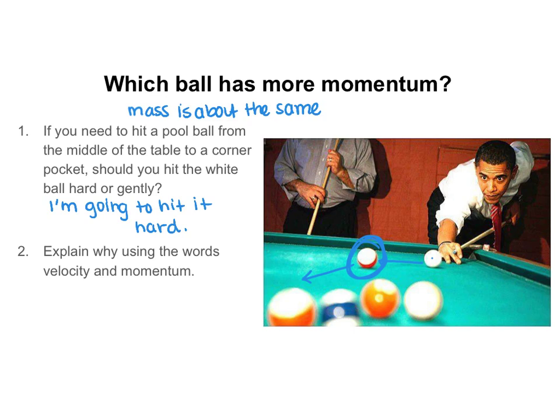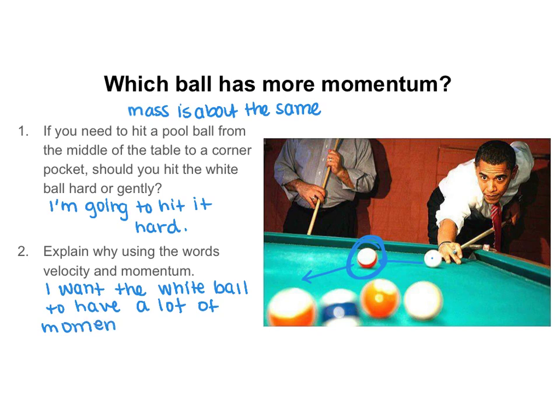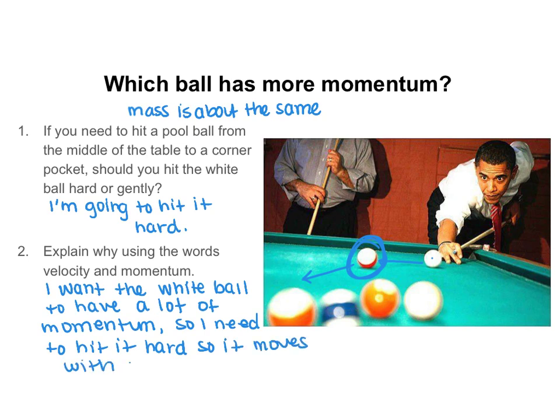So I'm going to say I want the white ball to have a lot of momentum. I want it to be difficult to stop. So I need to hit it hard so it moves with a large velocity. We want it to be moving fast.